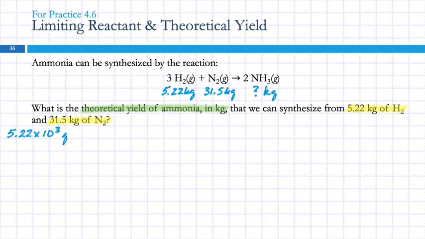So we can do that with the other one also. 31.5 kilograms, instead of kilo, I'm going to write times 10 to the 3 grams. So the first one is hydrogen, and the second one is nitrogen. So grams of hydrogen to moles of hydrogen. 2 moles of the product.